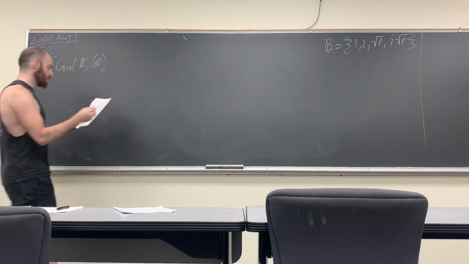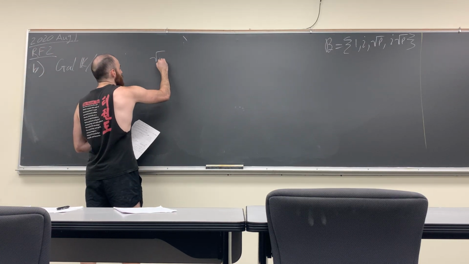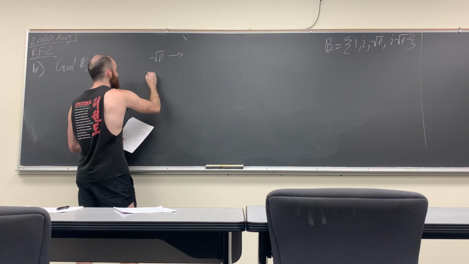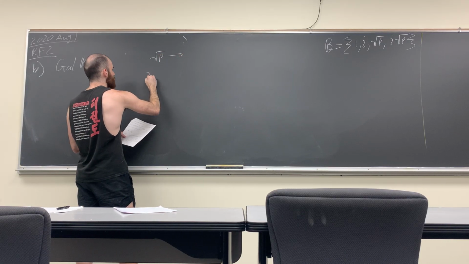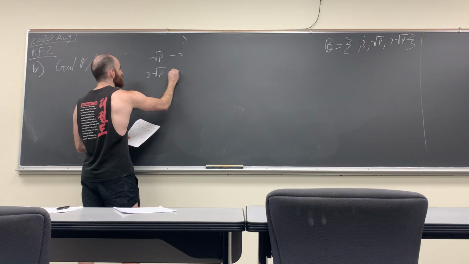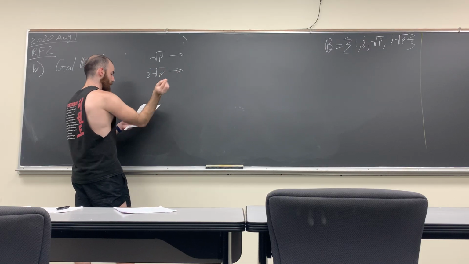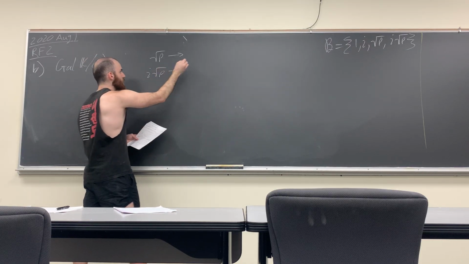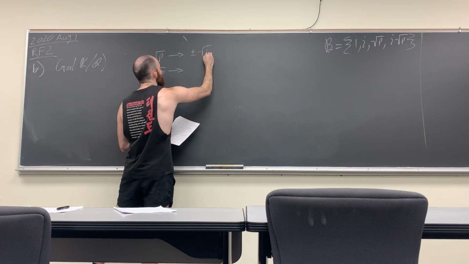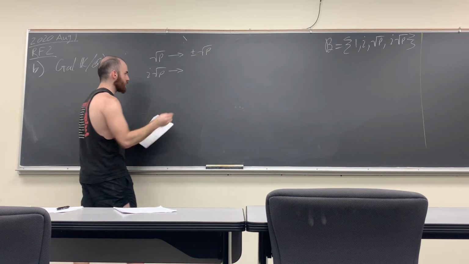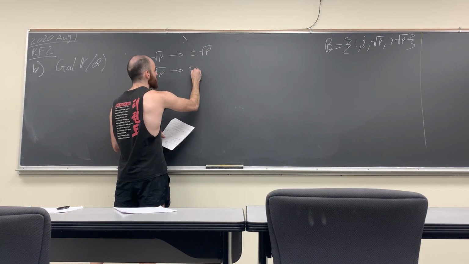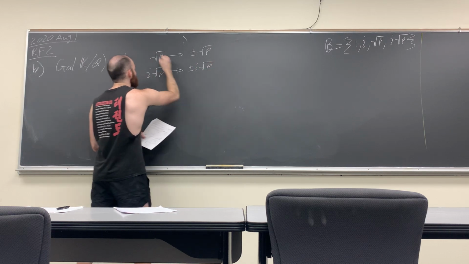Well, we know that the automorphisms have to send our roots to other roots. And so root p is going to have 2 options, plus or minus root p. And then i root p is also going to have options, plus or minus i root p.